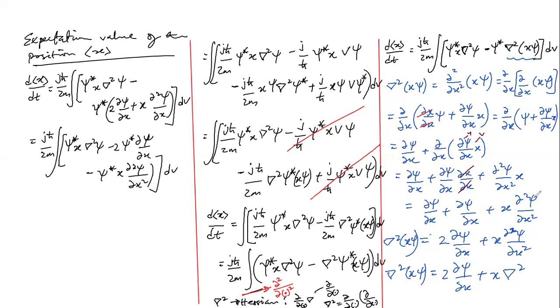That's what we have here, the d²psi/dx². So that's x lambda squared. So if that is what we have, then we can replace this expression by lambda squared, okay?